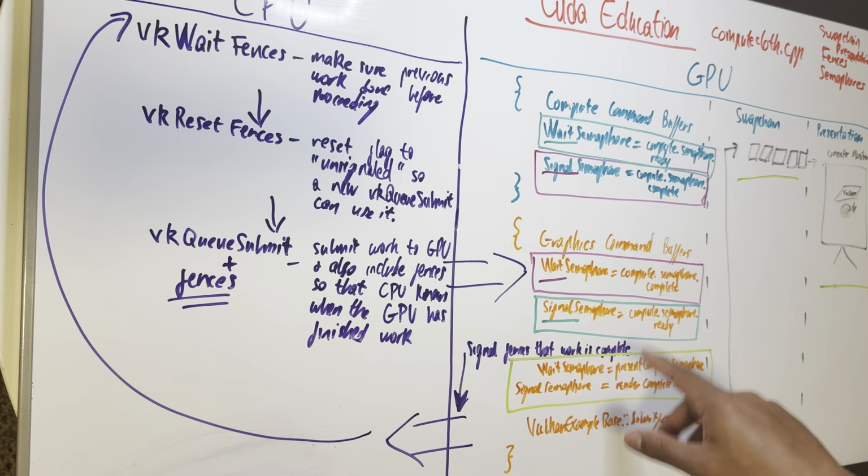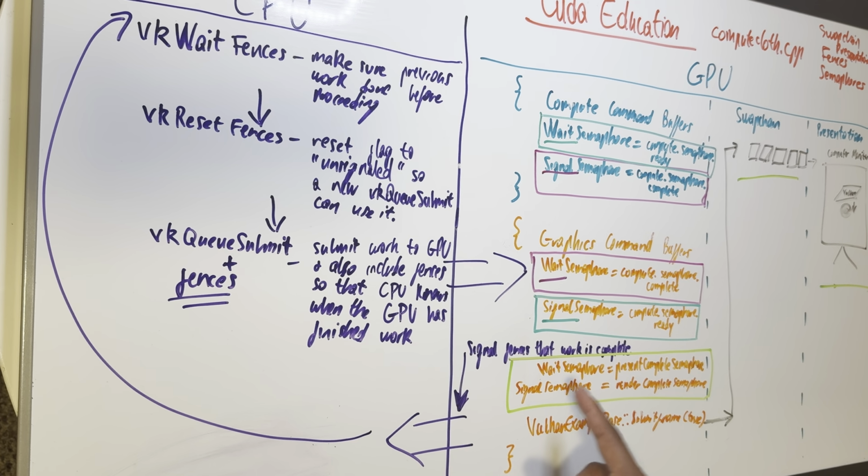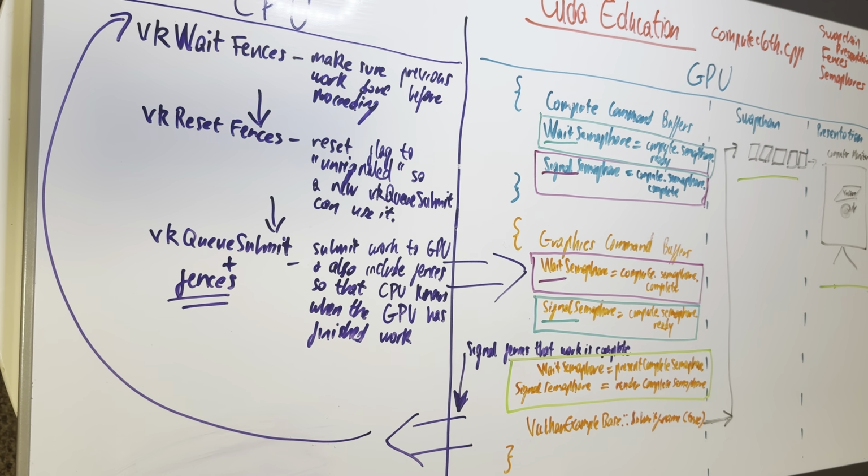Once we're done with all of that, signal fences that work is complete. So we actually signal to the CPU that the work is complete. Maybe this could be put down here.